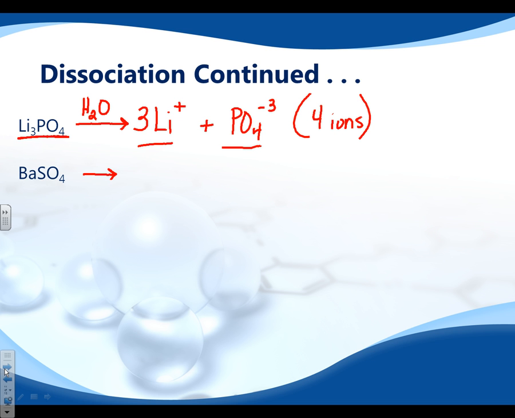So we're going to put no reaction, because it is not soluble, it is not an electrolyte. So that's the other answer that you could have for these type of problems.